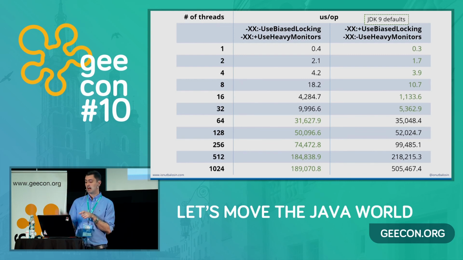On the right column, using biased locking and minus heavy monitor, this is the default JDK option. The default JDK option comes with the biased locking scheme activated but without having heavy monitors. And it proved that when the contention was lower on that method, it behaved better.